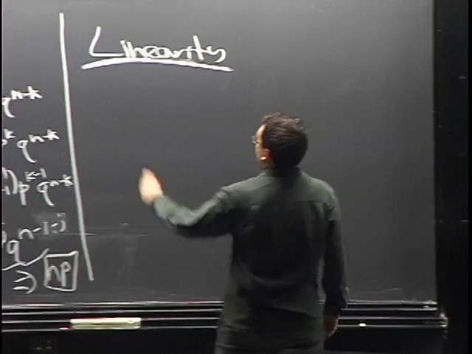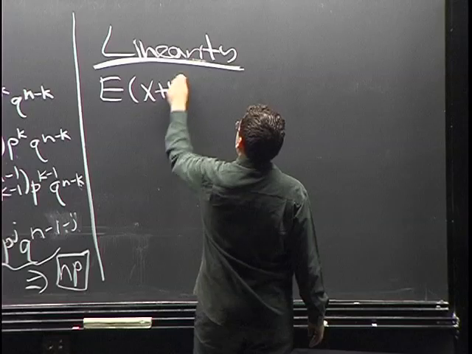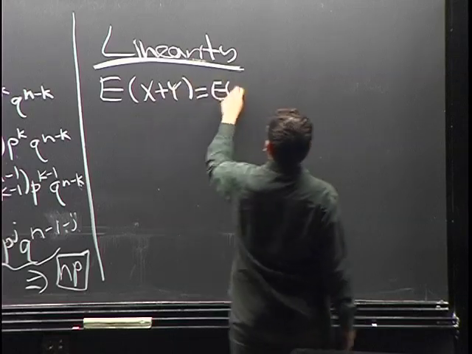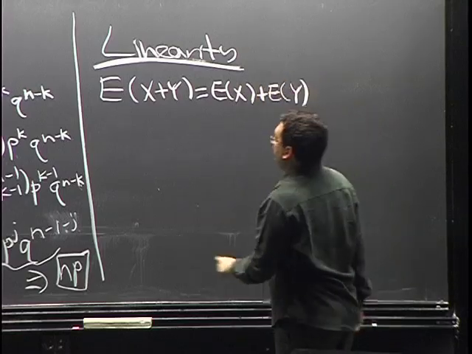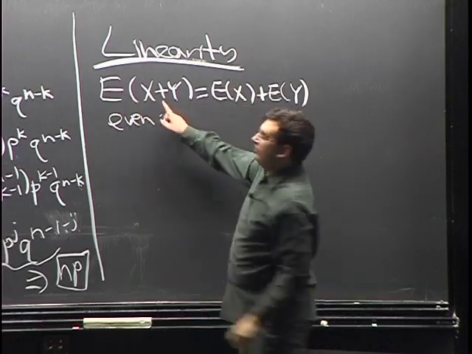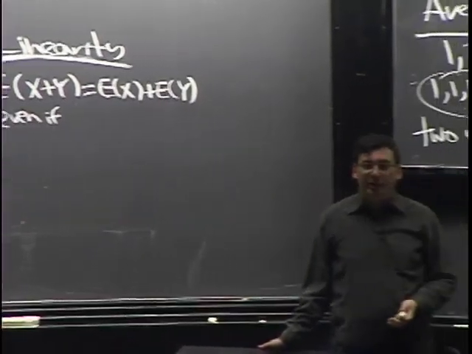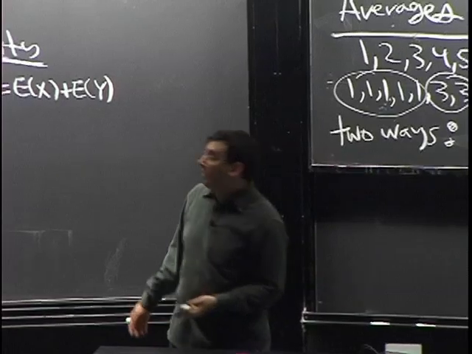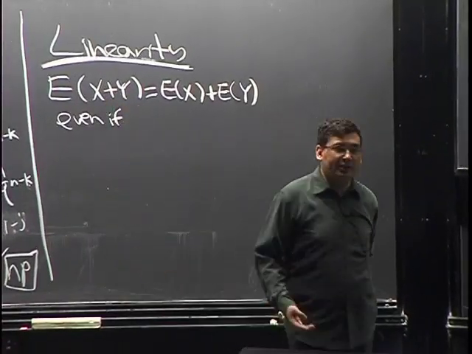Linearity says that the expected value of X plus Y, you can just add them up. And this is always true, even if X and Y are dependent. It seems fairly obvious if X and Y are independent, but it seems surprising, at least to me the first time I saw it, that even if X and Y are dependent, that's still true.